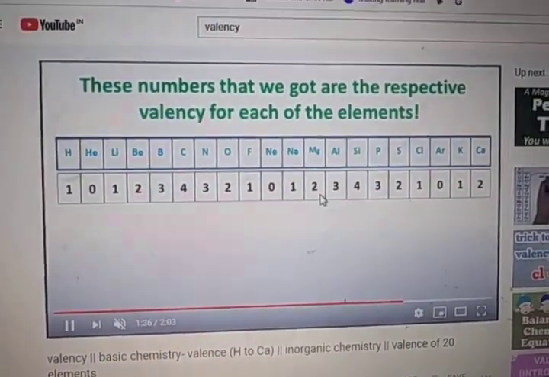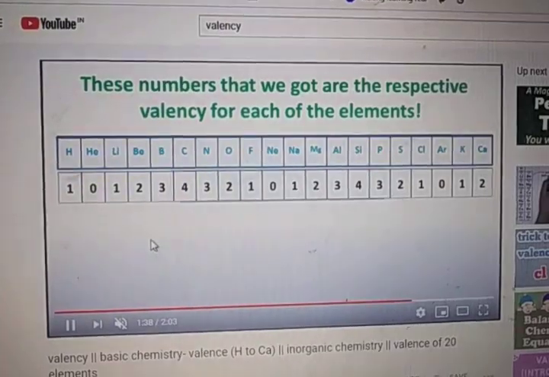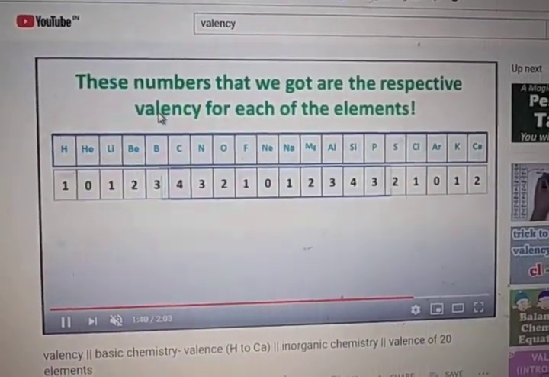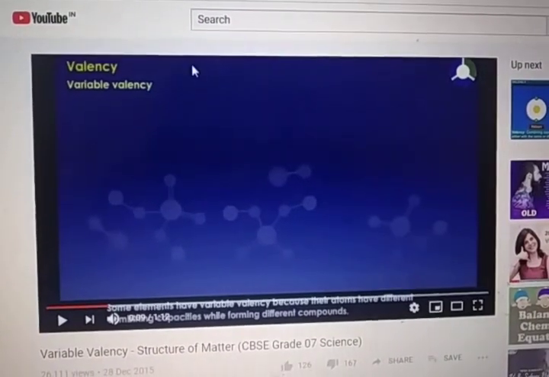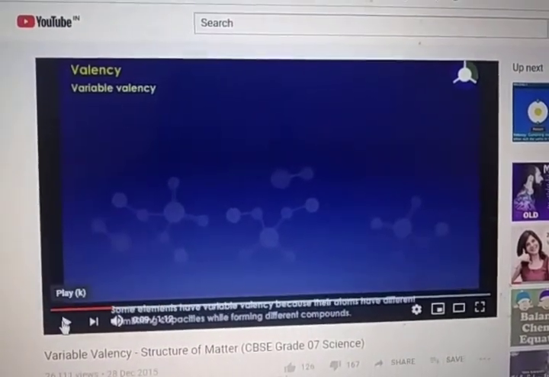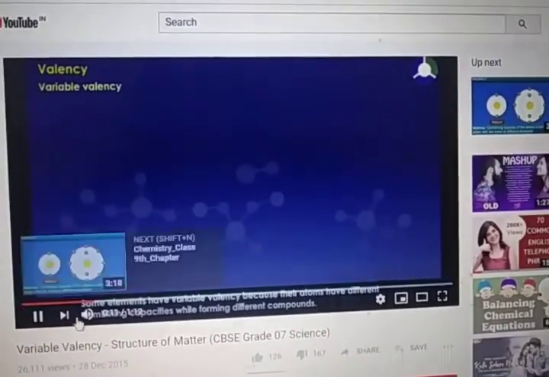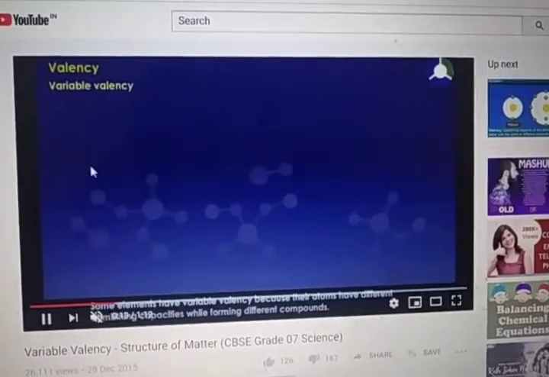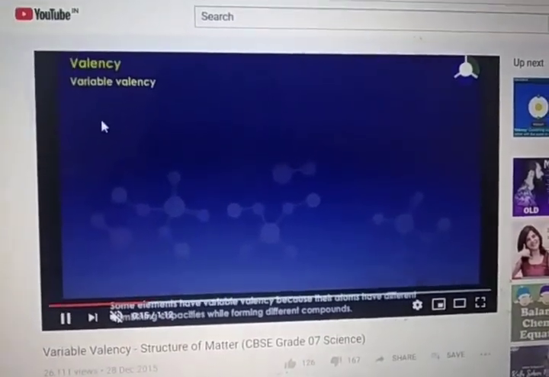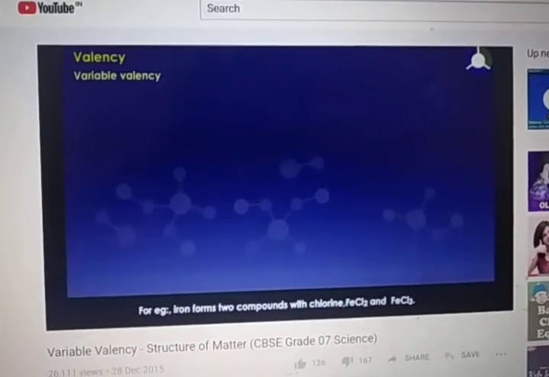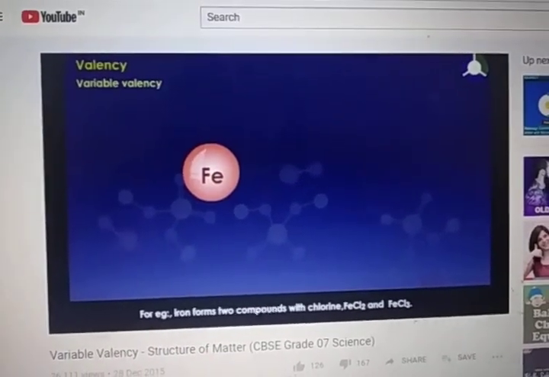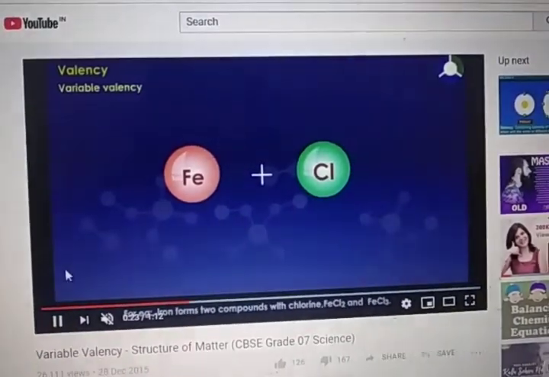Okay. Now, the concept of variable valency. Variable valency is just like, it depends upon the conditions an atom is facing. Right?